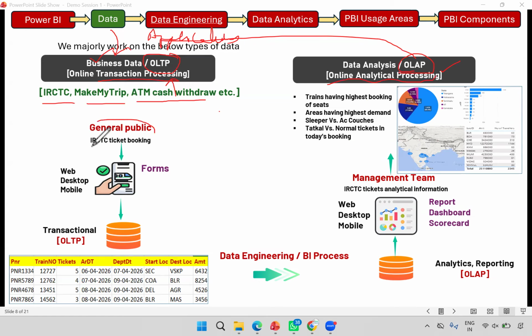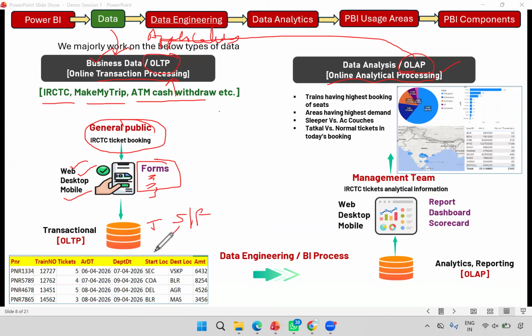Take an example, general public, they are using web application, desktop application, mobile application, different applications, and they are trying to book a train ticket, so they fill the form. So general public fill the form in any way, web, mobile, desktop. If the train ticket is booked, transaction success. Train ticket not booked, transaction failed.